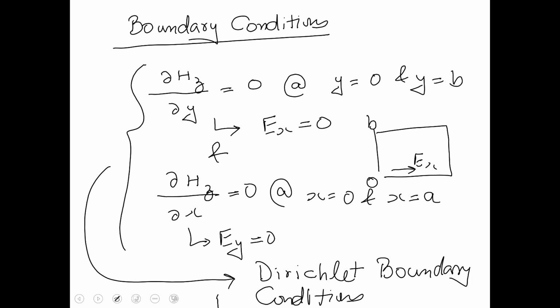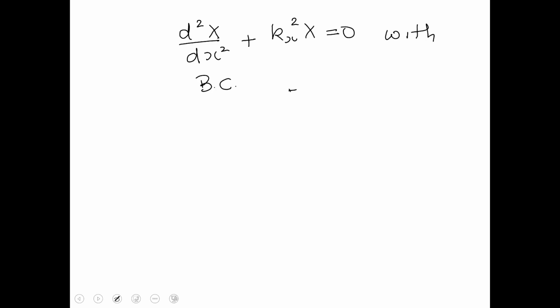So now, the solutions we are looking for are the solutions of the wave equation, d square X dx square plus kx square X is 0, with the boundary condition that dX by dx is 0.